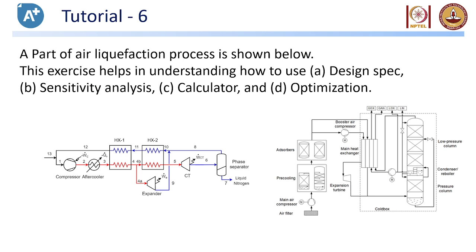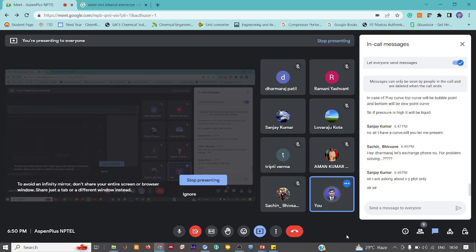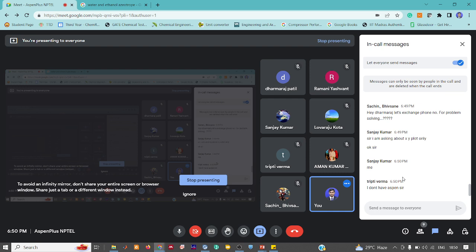Okay, so we'll get started with this problem. Before this, how many of you have Aspen now? Seven of you are here. Can you just answer? Sachin, you have Aspen. Sanjay, you have, good. Sachin, do you have now? You don't have Aspen. Okay. One has Dharmaraj.